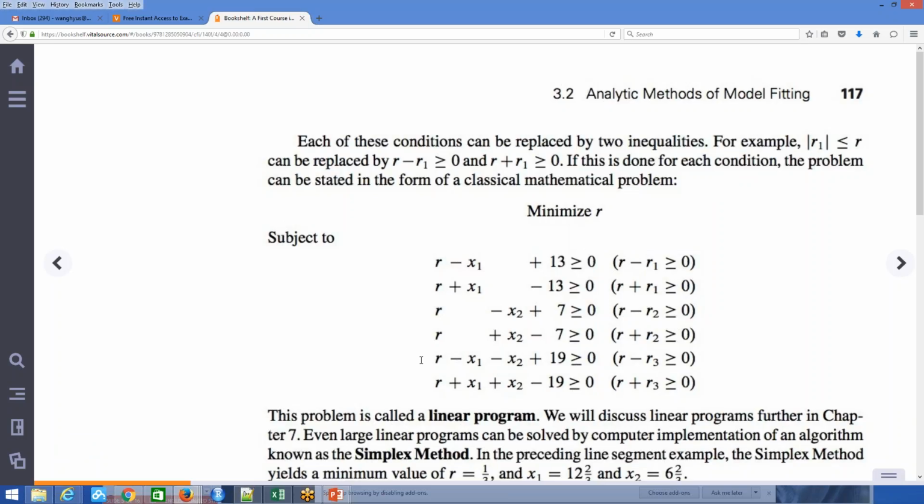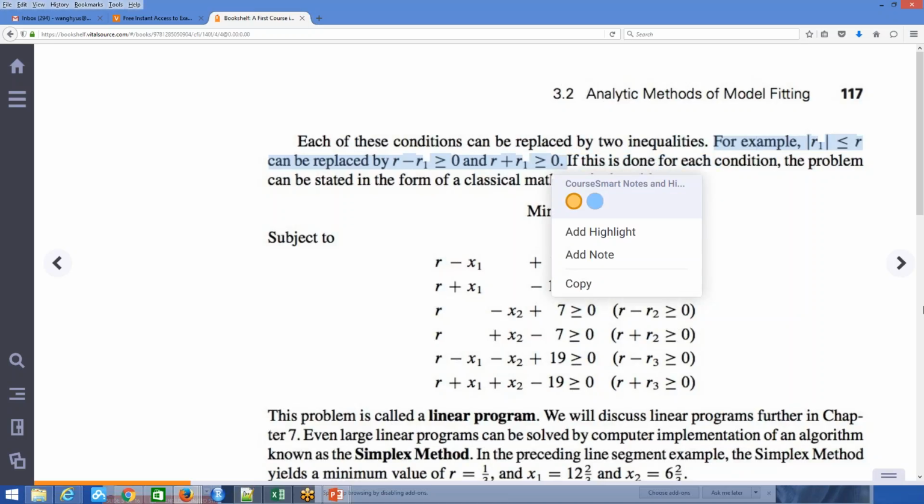I just want to mention that this is really a trick that we made, to transform that absolute value into linear constraints. This is a trick that we can use in many of the linear programming formulations.